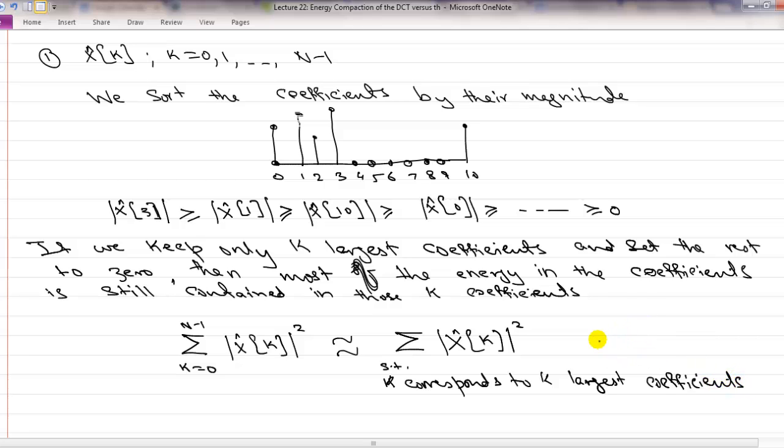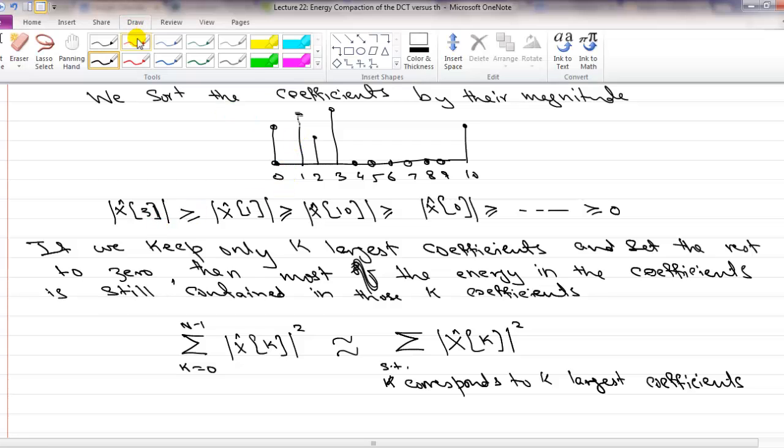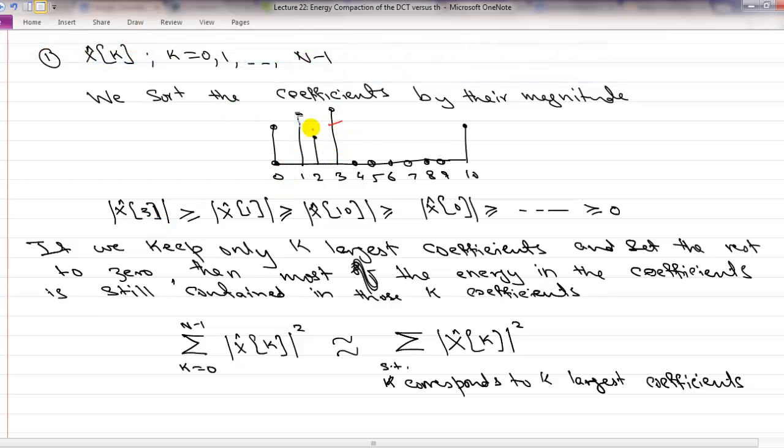In this case, for example, if my k was 3, which coefficients will we keep? We'll keep x3, x1, and perhaps x10, and we'll set all the other 8 coefficients equal to 0. These ones were already 0, 4, 5, up to 9, but we'll set also 2 and 0 equal to 0.